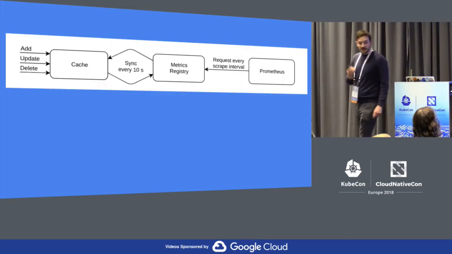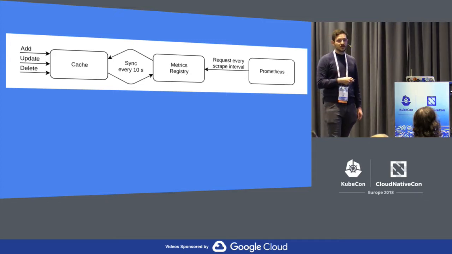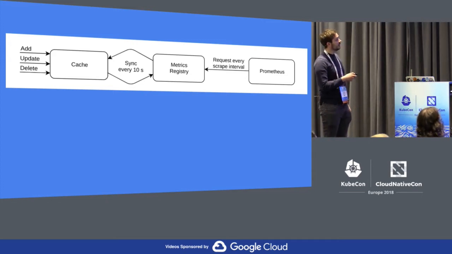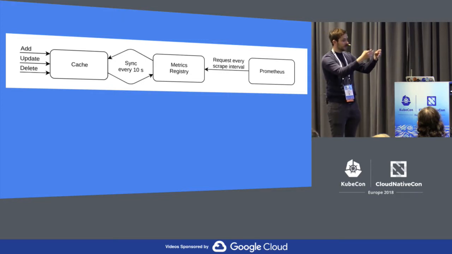When we picked it up from Sam, the way this worked is that we had this cache, and this is a pretty normal component when you look at Kubernetes architecture. There are these things called informers, and you have a cache that's automatically populated by the Kubernetes API. You do a list and a watch, and then you get all of the events and keep the cache up to date that way.